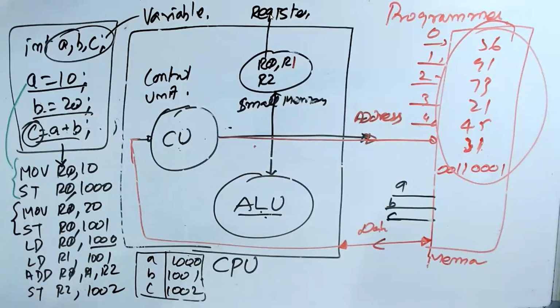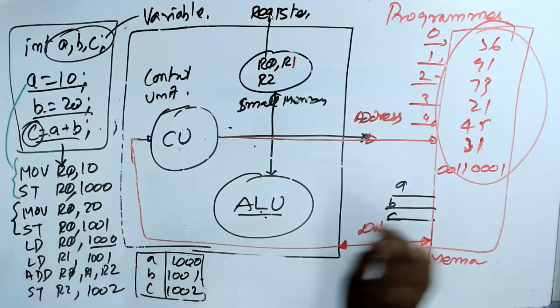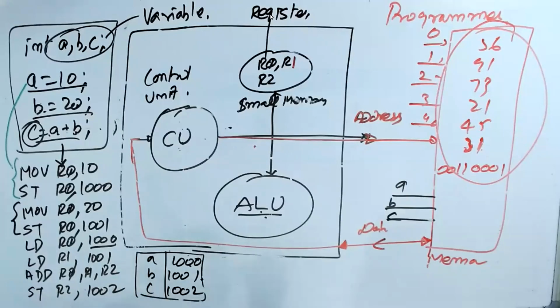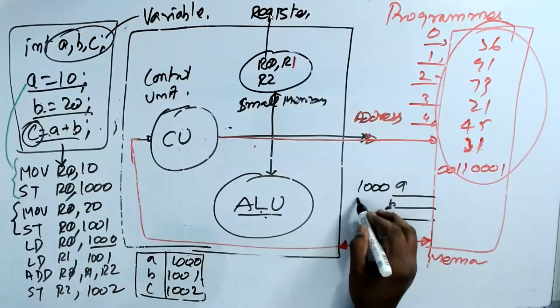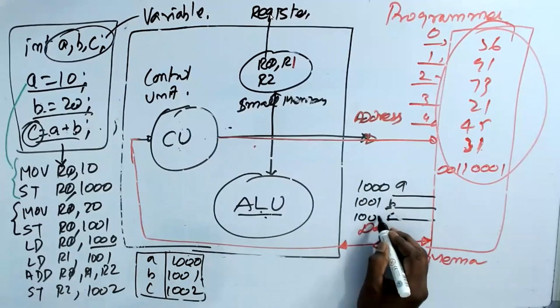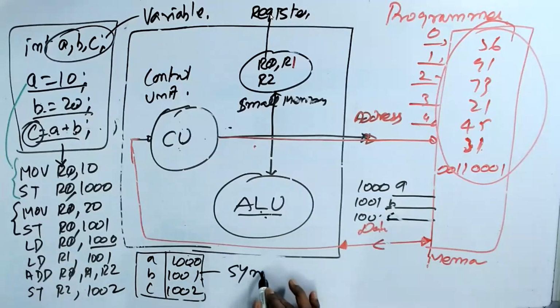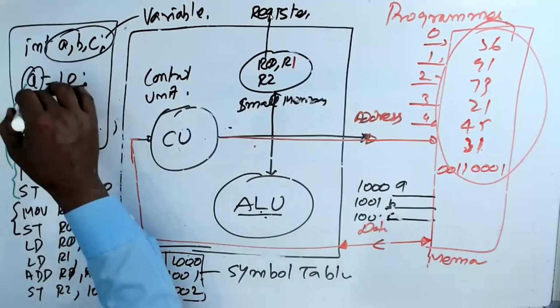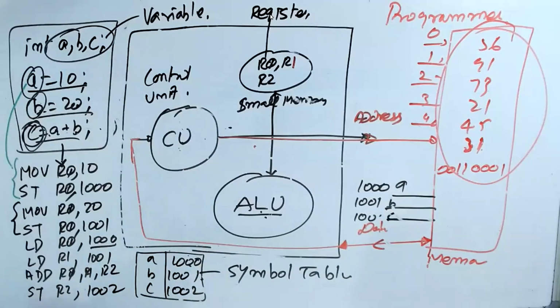Sir, the 1000, 1001 and 1002 which you wrote for A, B, C, is it a memory address? It's a memory address. The compiler is going to allocate the memory address for the variables. This is called the symbol table. For every symbol, the compiler allocates an address.